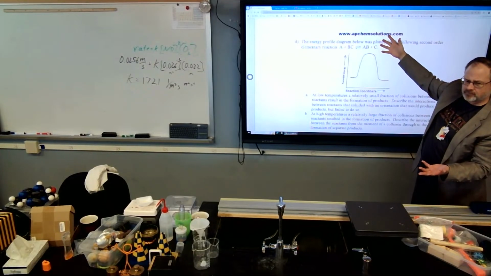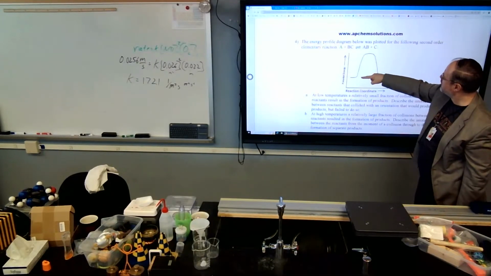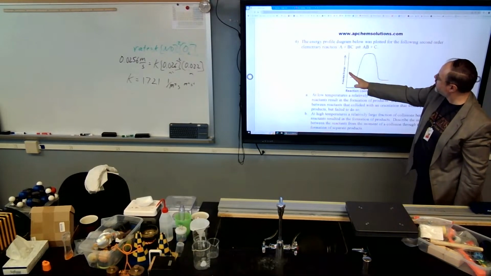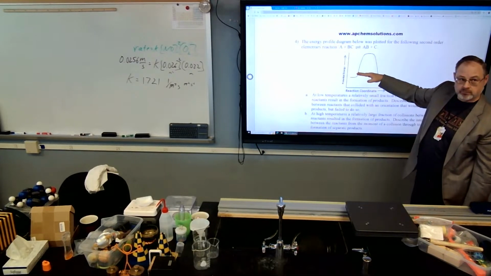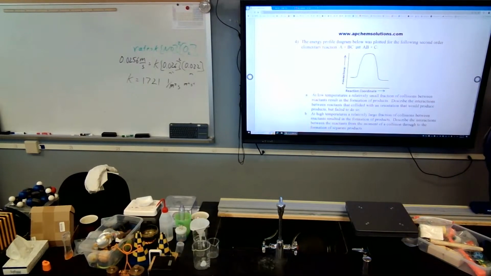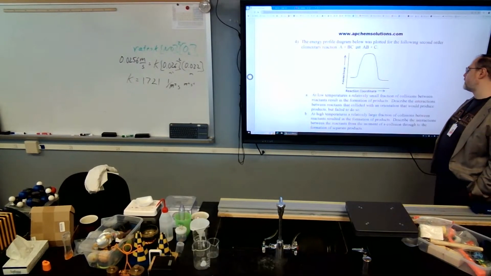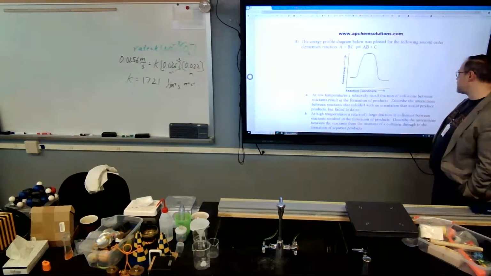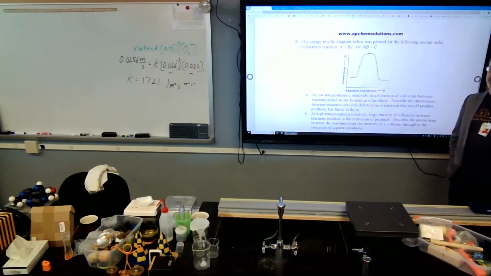Clear? Okay. So there's EA, from here to here. If a collision doesn't carry enough, it goes up and then right back down. At high temperatures, a relatively large fraction of collisions between reactants result in the formation of products. Describe the interaction between the reactants from the moment of a collision through the formation of separate products.